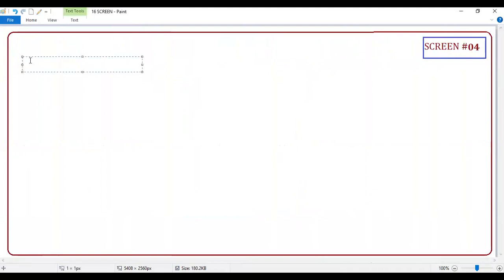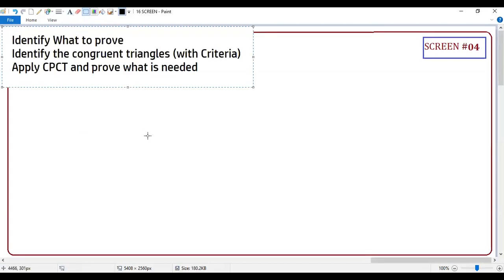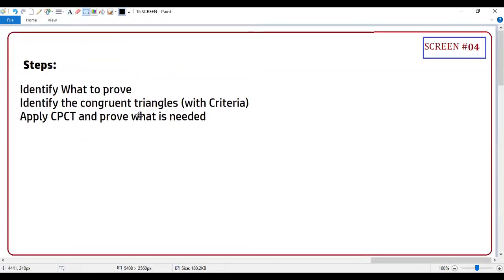So the approach to the problems, or steps. Standard steps are this one.